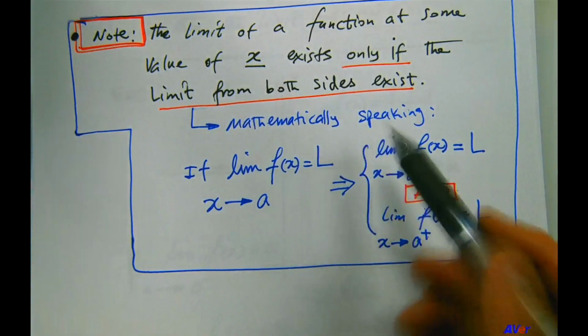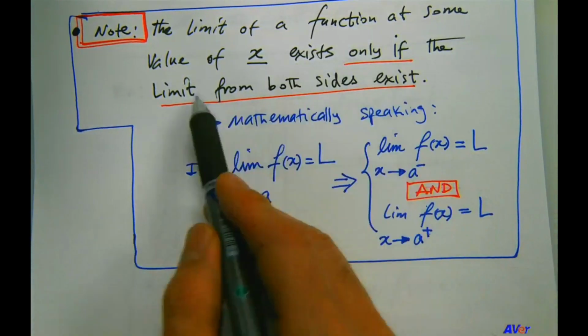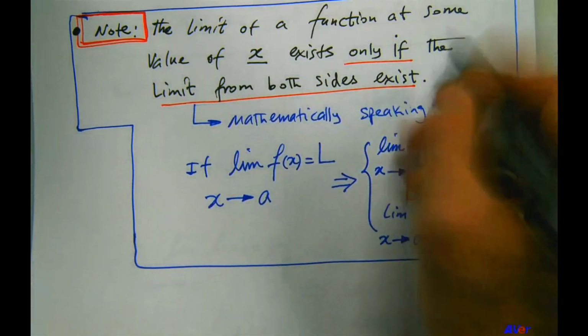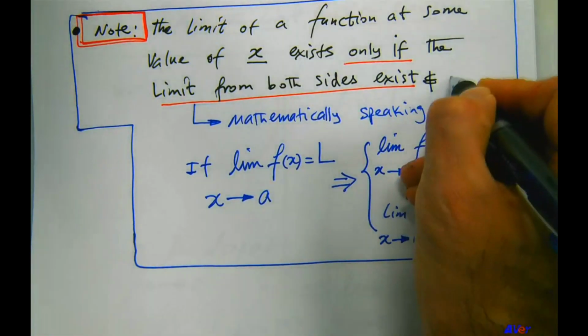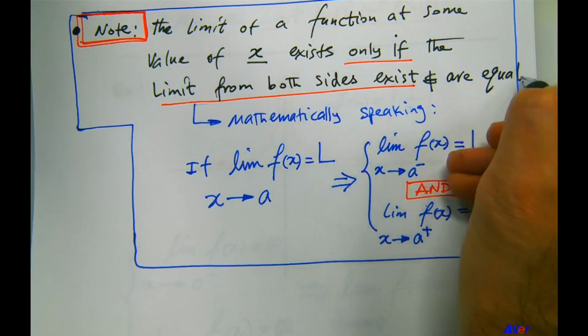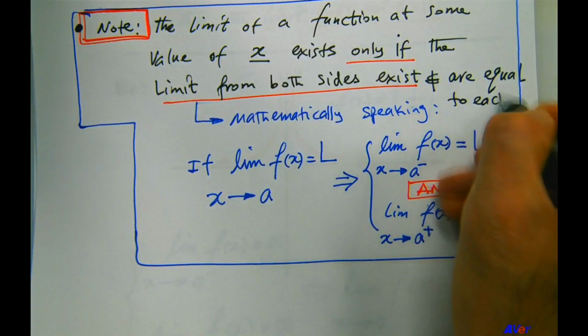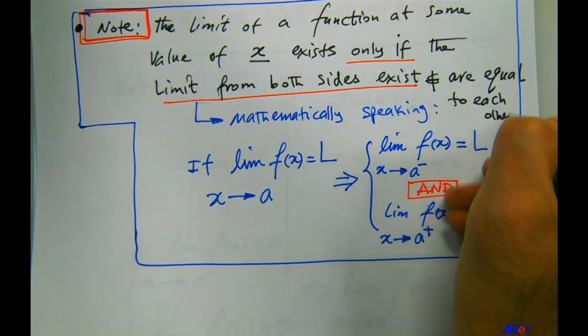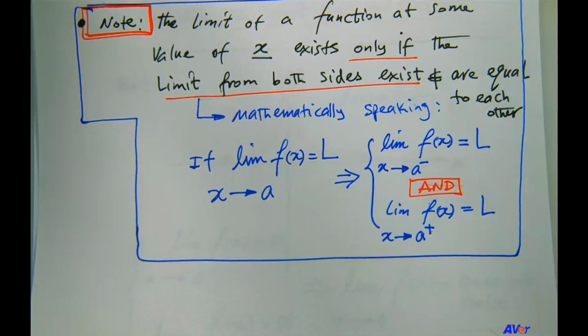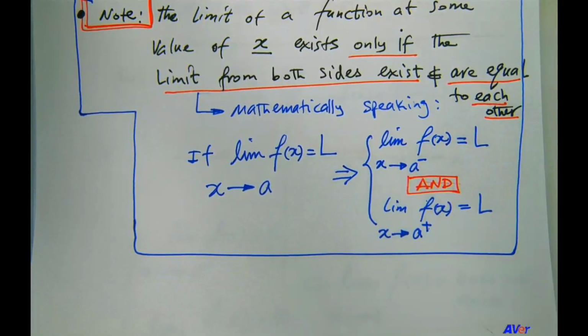And I want to add to this: only if the limit from both sides exists and they are equal to each other. So that's very, very important. Not only must they exist, but they must be equal to each other.